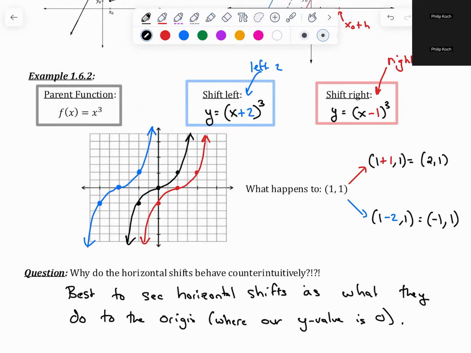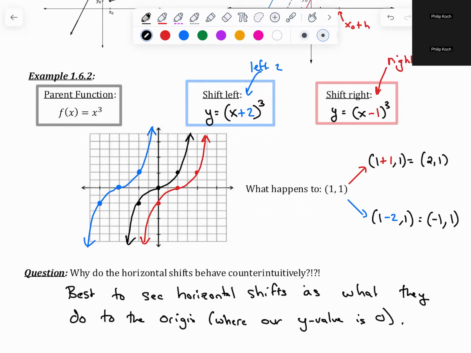Almost every one of the parent functions, save for 1 over x, 1 over x to the n and so on, ends up having the origin as a point on it. Did you notice that? y equals x has the origin point, f of x equals the absolute value has 0, 0. Even powers of x had 0, 0. Odd powers also had 0, 0. Square roots and odd roots also had 0, 0. Every single one of them had the origin.